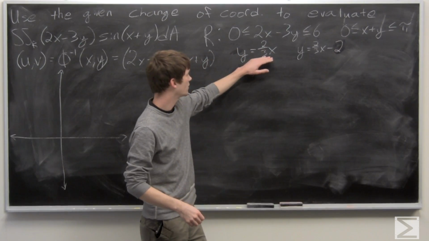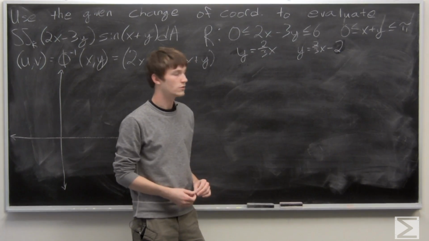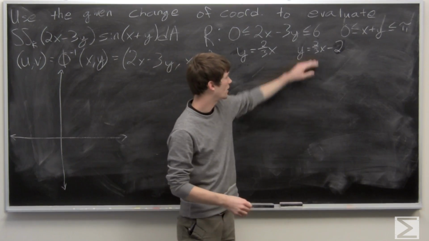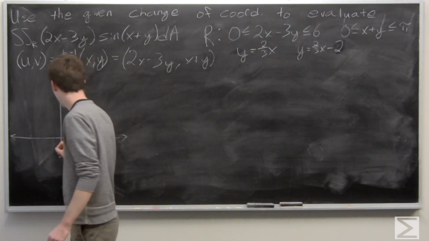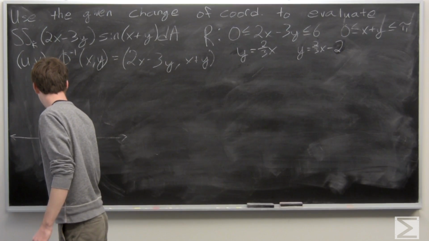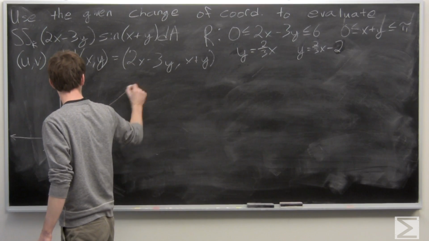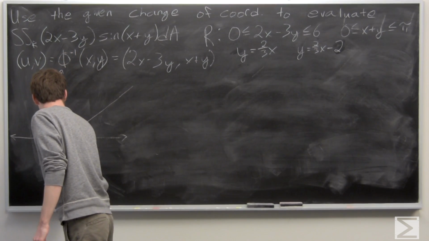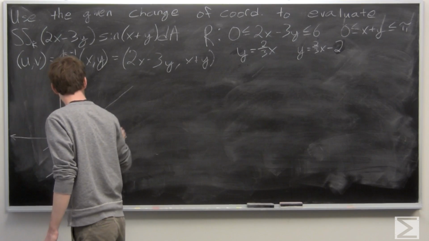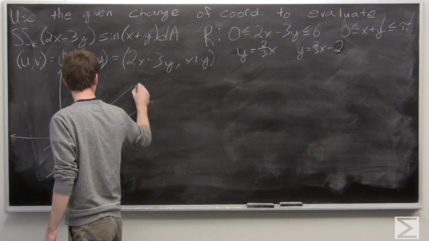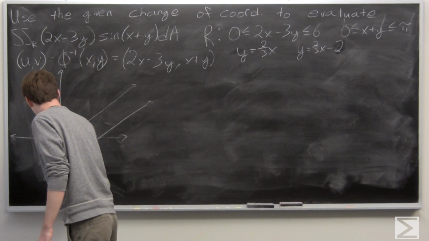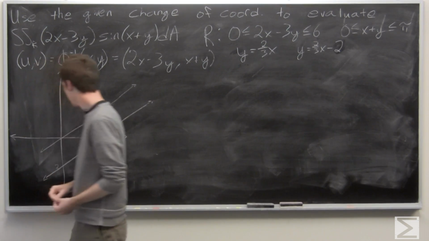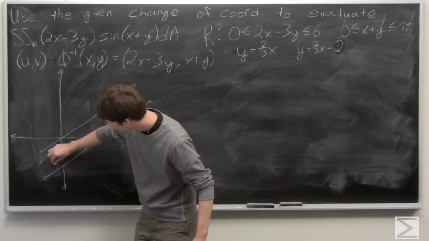So if we draw the line y equals 2/3 x and the line y equals 2/3 x minus 2, so this is y equals -2.